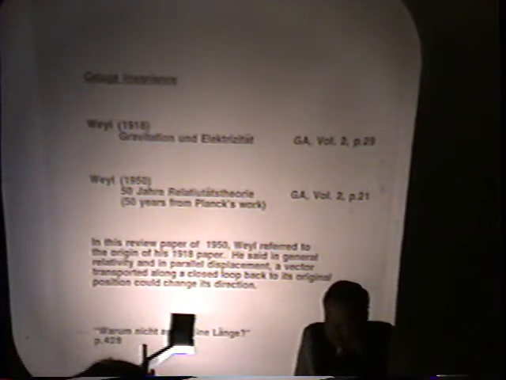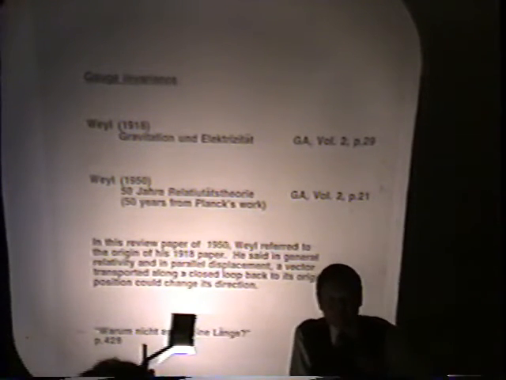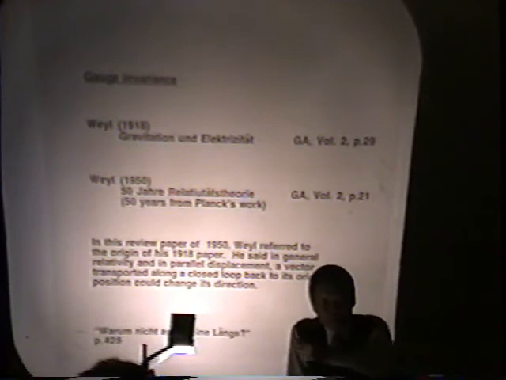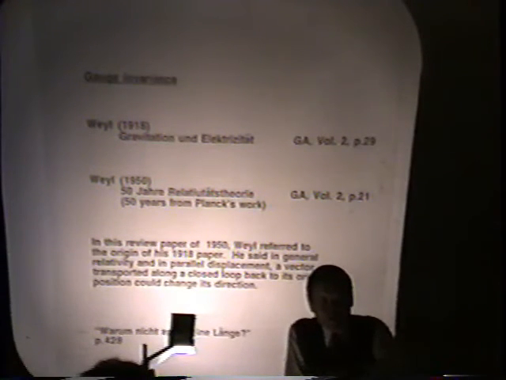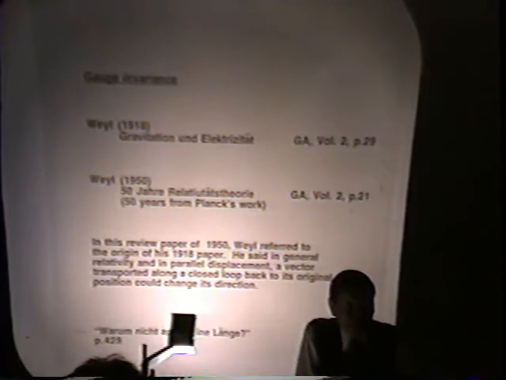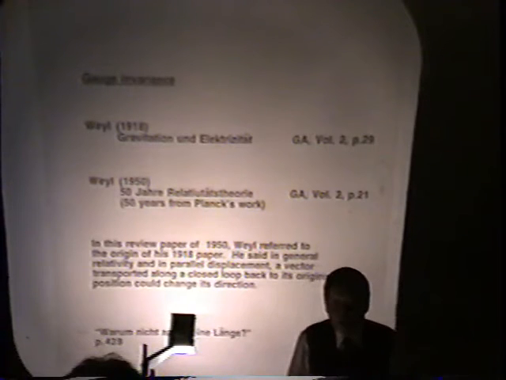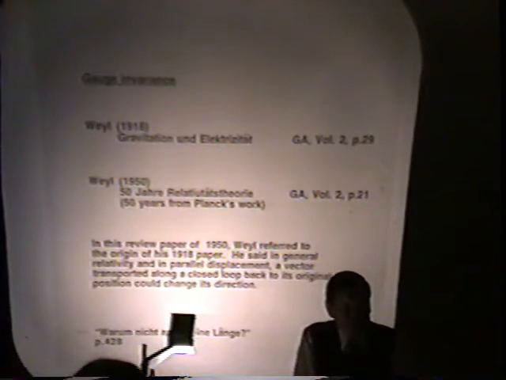So in 1950, Weyl said, if you have a vector, when you transport it by parallel displacement, when it comes back to the original position, it may not have the same original direction. "Warum nicht auch seine Länge?" Why not also its length?